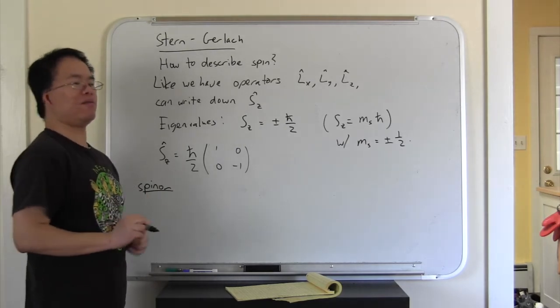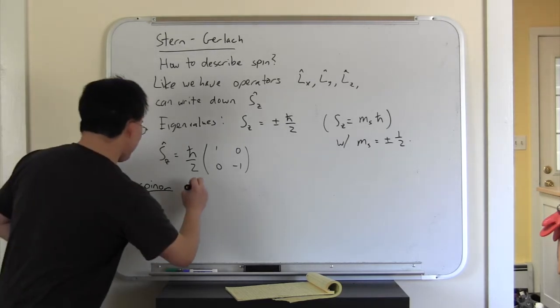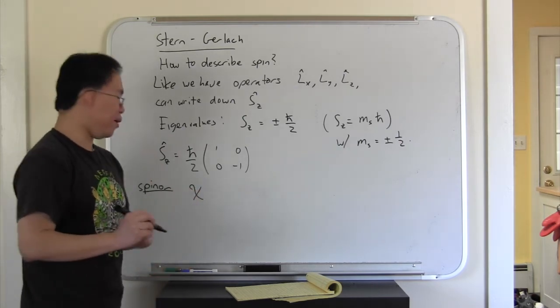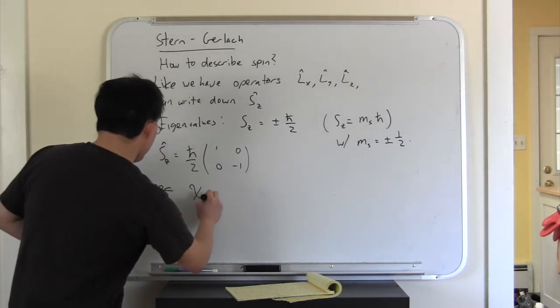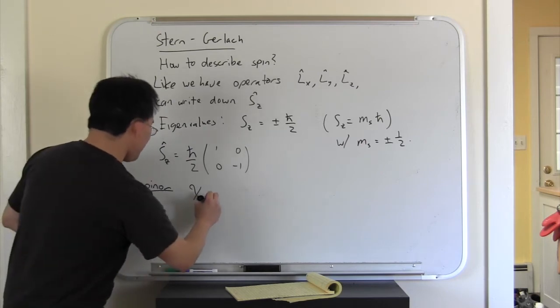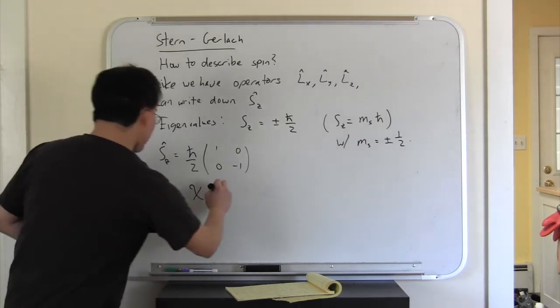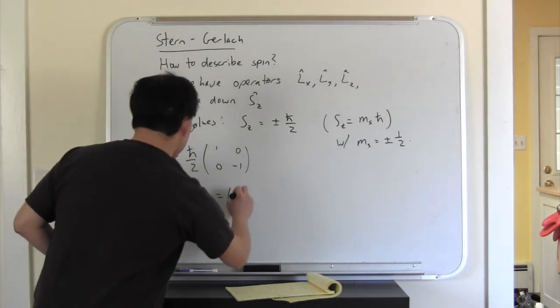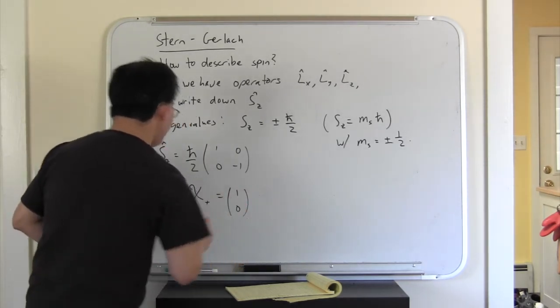We can write the spinor corresponding to the eigenvalue h bar over 2, which I'll call chi plus, as a column vector, 1, 0.